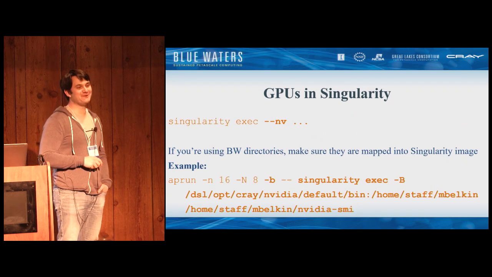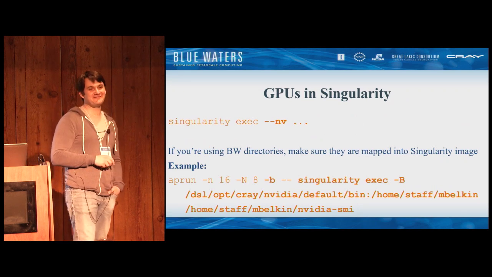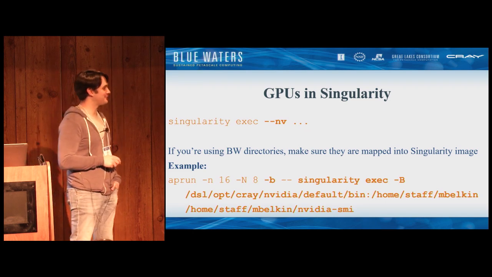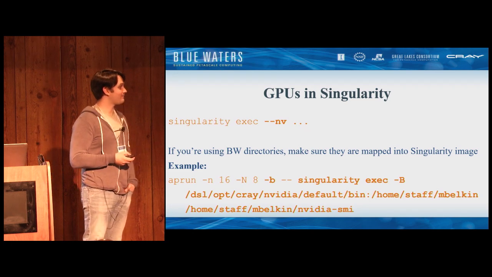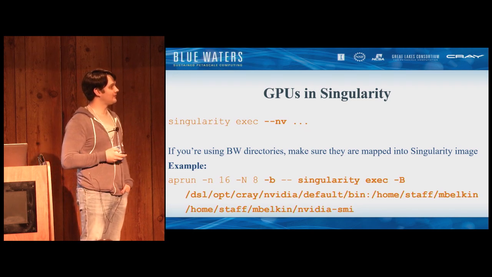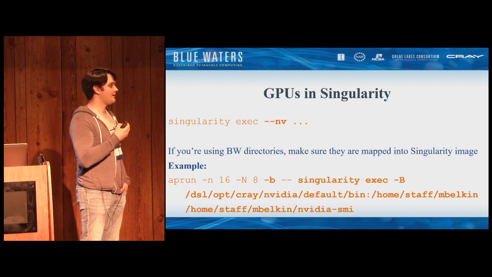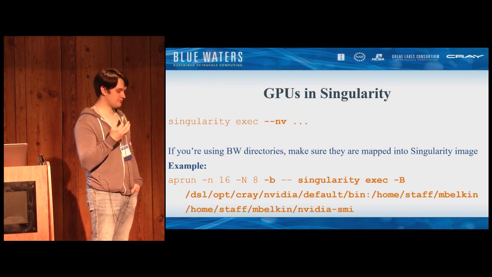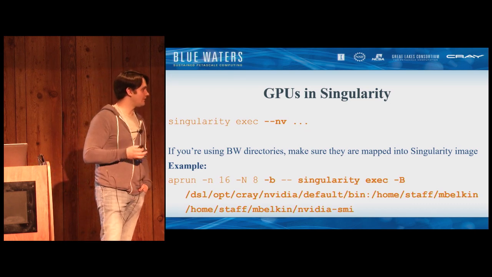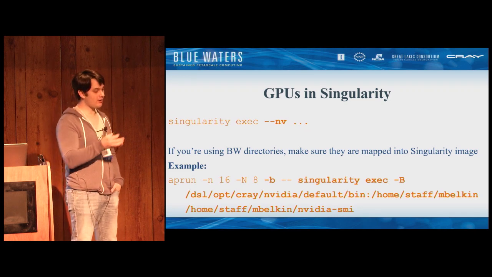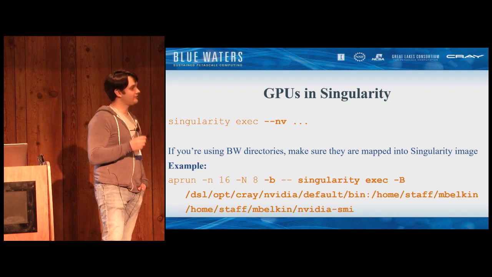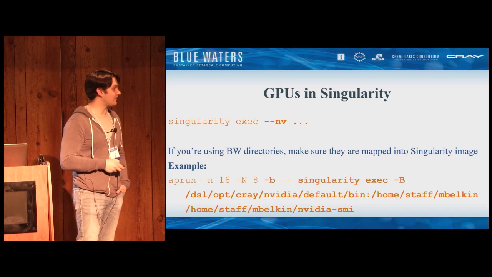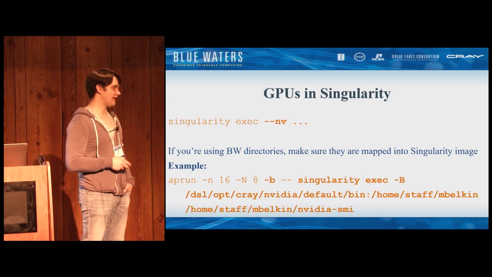To use GPUs, all we have to do is use the --nv flag. Again, this is contrary to Shifter, where we had to do some tricks. The only caveat is that if you plan to use a GPU-capable executable, let's say a CUDA executable that exists on the Blue Waters file system, you have to map it to your Singularity container using the -B flag.